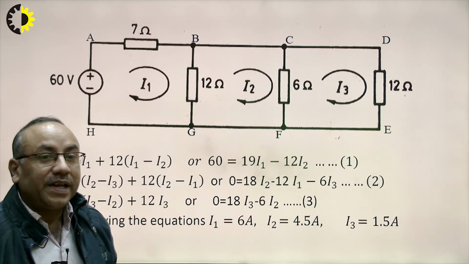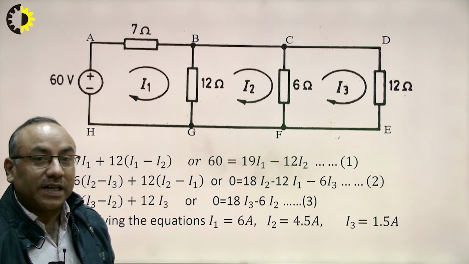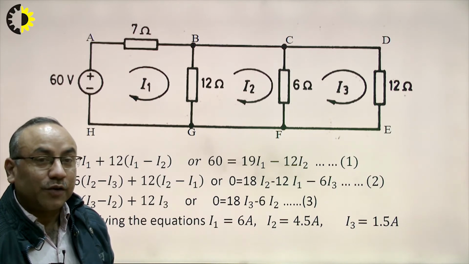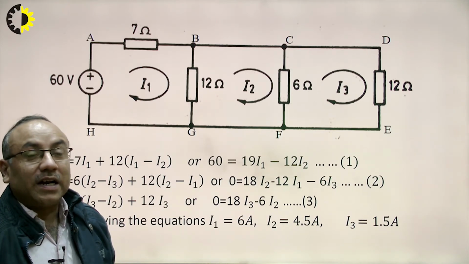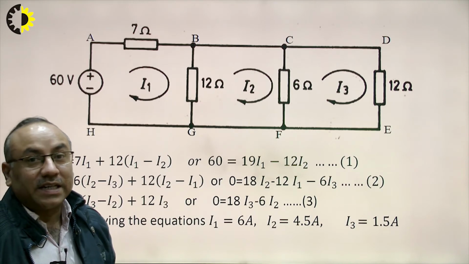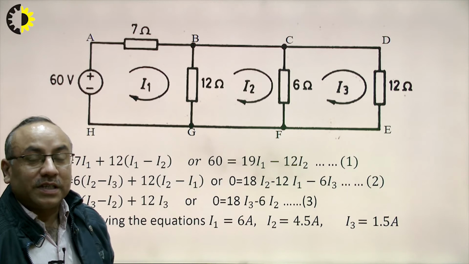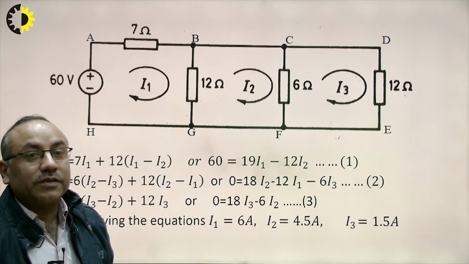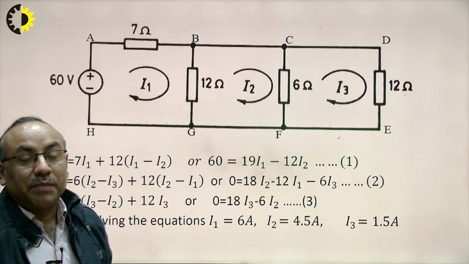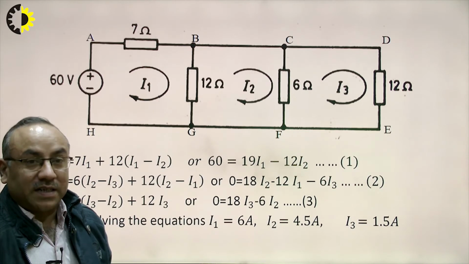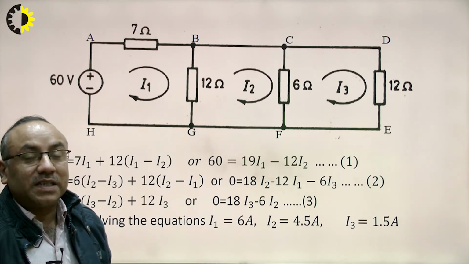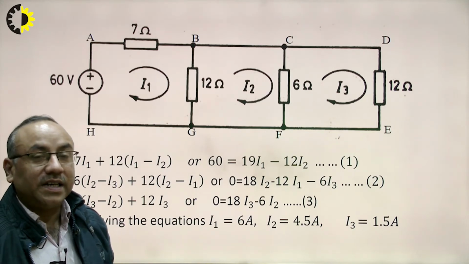Similarly, B, D, E, G, B is also a loop, again containing 2 meshes inside it, and the complete circuit, A, D, E, H, A, is also a loop, since it is a closed path consisting of 3 meshes. But basically, the meshes are these 3: A, B, G, H, A; B, C, F, G, B; and C, D, E, F, C.